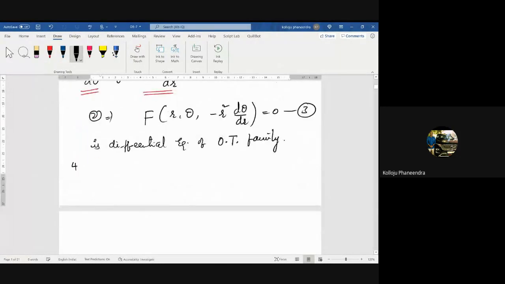Next, step 4 is to solve equation 3 to get the equation of the family of orthogonal trajectories.